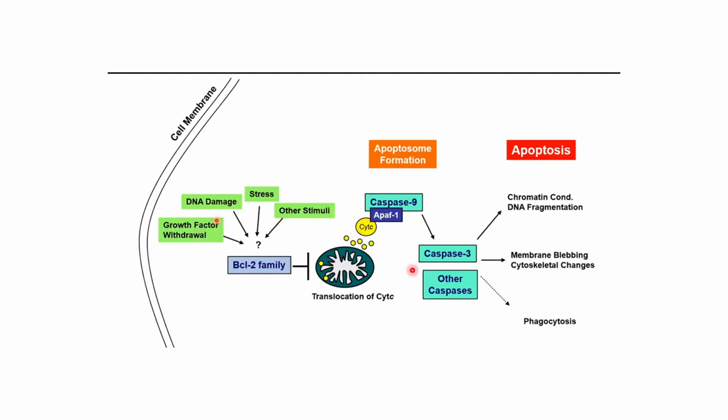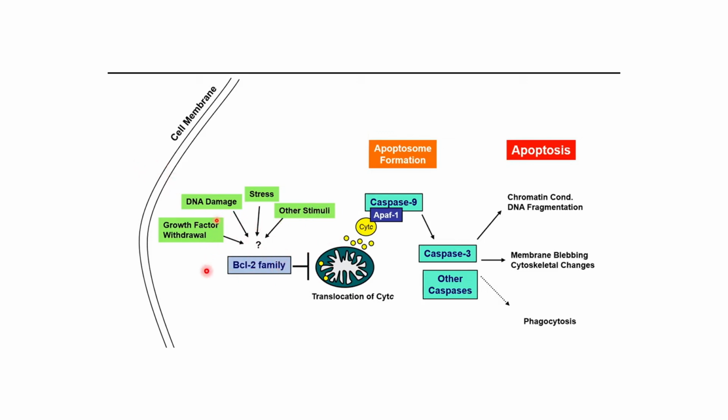Now, if we talk about the intrinsic pathway of apoptosis, in the intrinsic pathway, generally the DNA damage or certain stress present inside the cells or other stimuli which are toxic to the cells are recognized by the intrinsic proteins present. Over here receptor is not present.